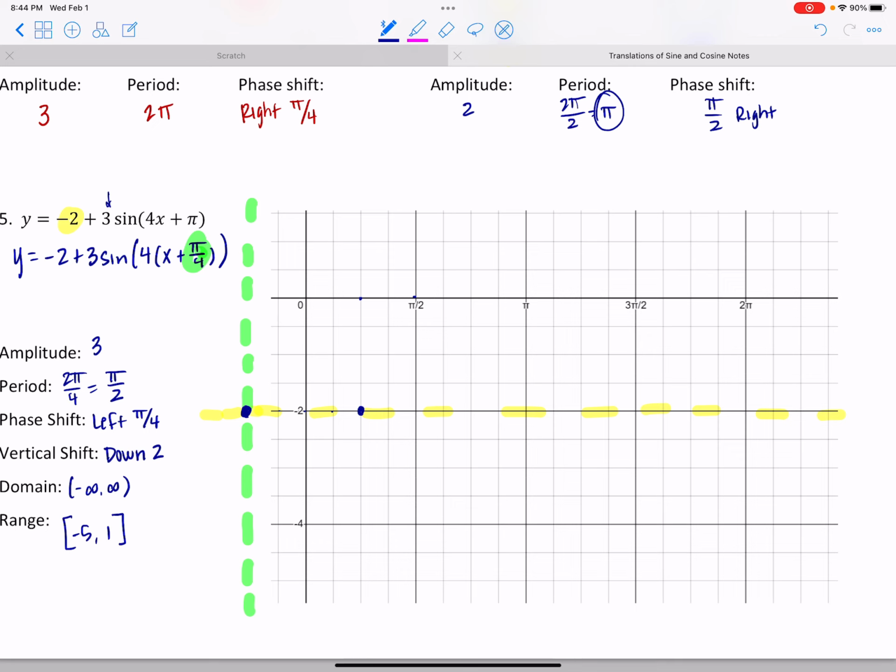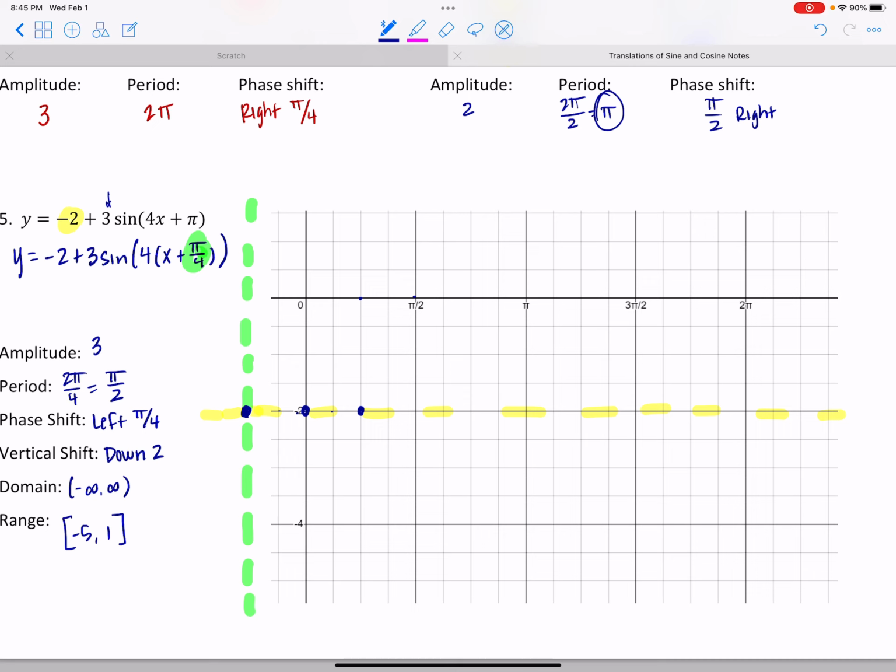Now remember, in the middle, we hit that midline as well. It's normally 0, but it's the midline in this case. And then in between those is where we get our maxes and our mins. Well, in this case, we have an amplitude of 3. And so in between those midline points that I made, I want to go up 3 units and then down 3 units. So I'm going to go up 3, and my axis is jumped a little, right?